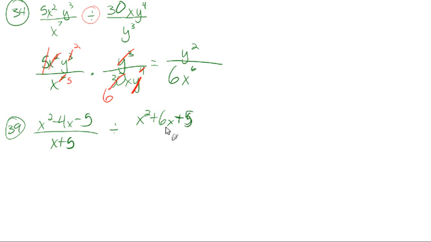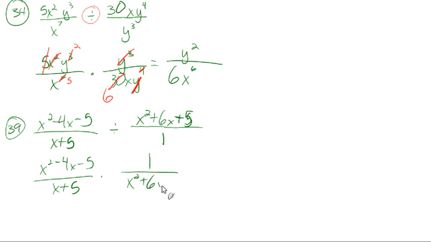Okay, and this could be helpful to remember because we're about to look at the reciprocal, so let's look at this as a fraction and put that over 1, right? We've got a division here, we don't want division, we want multiplication, so let's multiply by the reciprocal: one over x squared plus 6x plus 5.